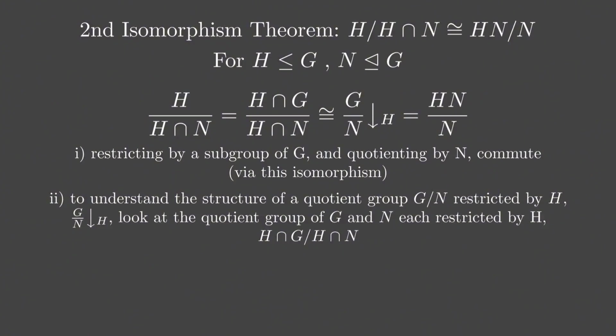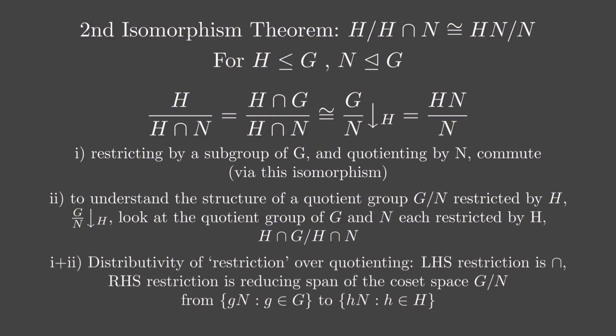And thus combining both together, it seems to almost be a law of distributivity. Like how multiplication is distributive over addition because a times (b plus c) is a times b plus a times c.